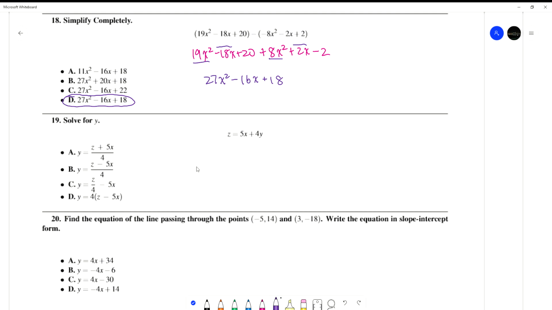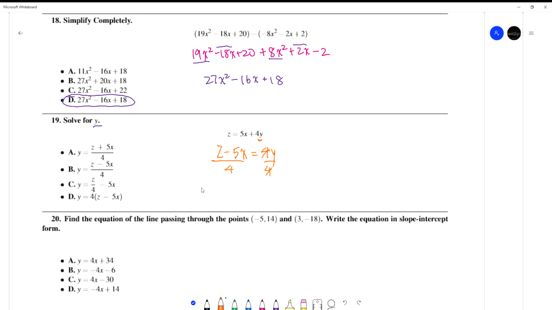Number 19. Solve for y. So I can identify y being on the right-hand side, and there's a plus 5x there, and then times a 4 to that y, right? So we have to subtract the 5x to get the y term by itself. So z minus 5x is equal to 4y. Then we divide by 4 on both sides.